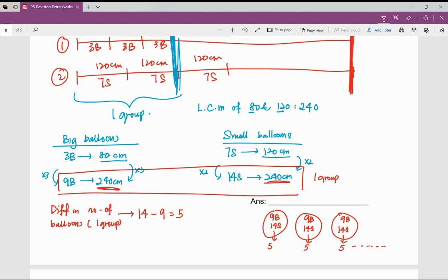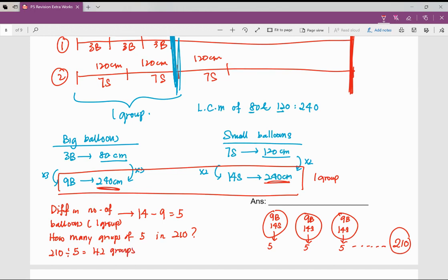So eventually, I don't know how many groups there are, but I know the difference of 5, 5, 5, 5 will create a big difference of 210. So how many groups of 5 are in 210? That will be 210 divided by 5, and that will translate to 42 groups.